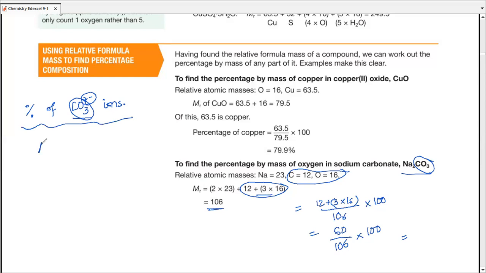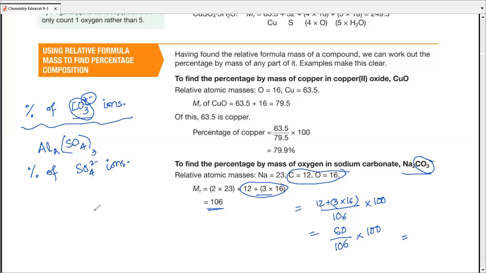For example, you already calculated this part in Mohr's salt, the big question I gave you last time. Now, what if they ask you to find the percentage of sulfate ions in there, SO4 negative 2 ions? Now you have three of these ions in there.